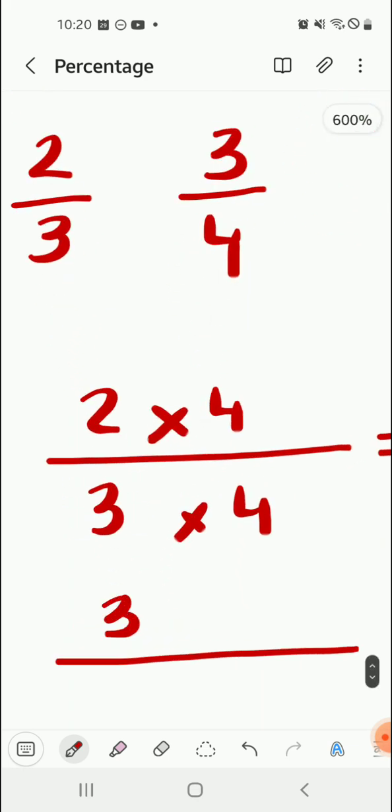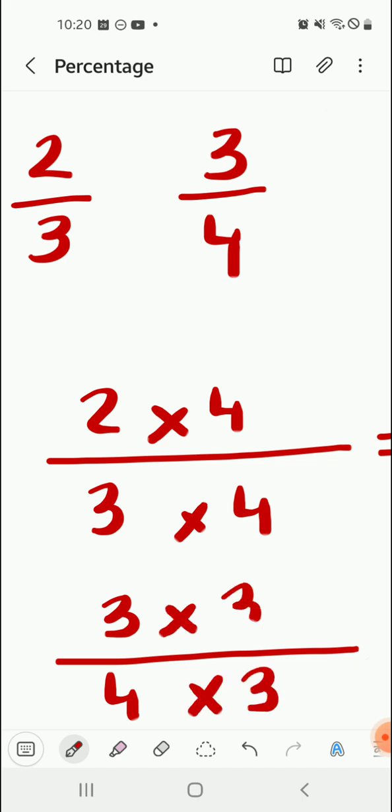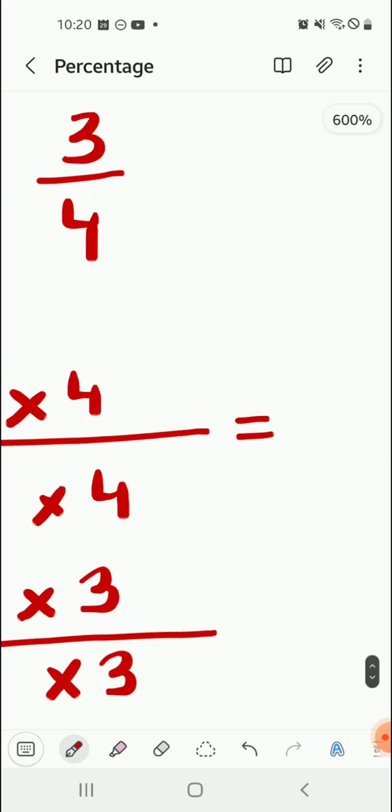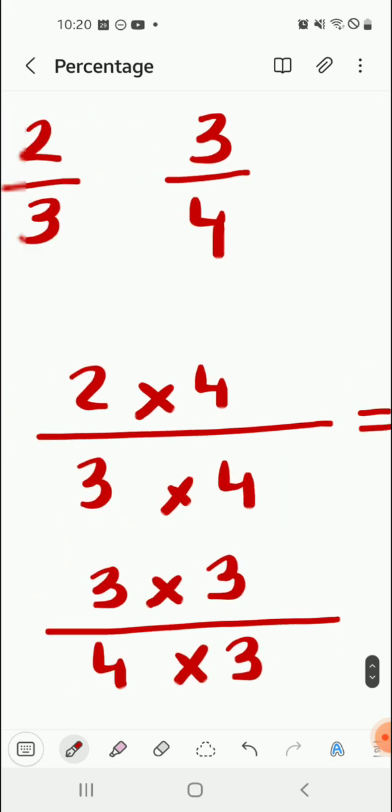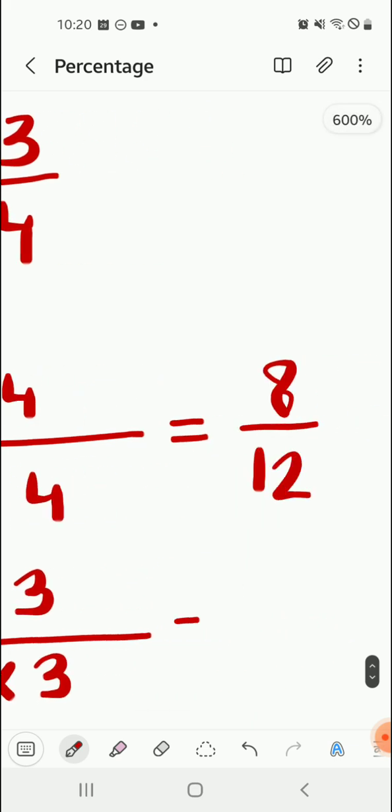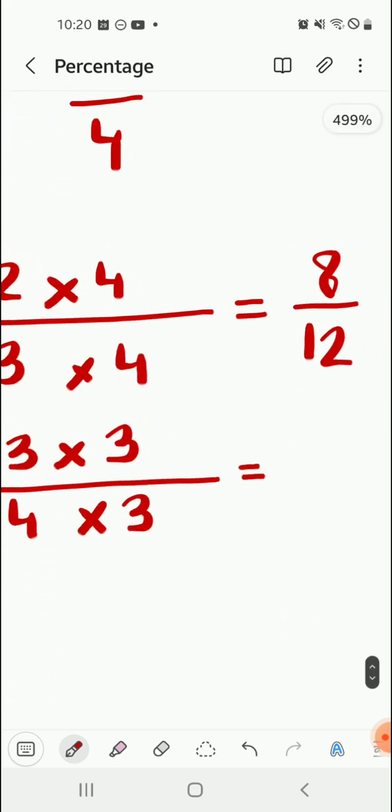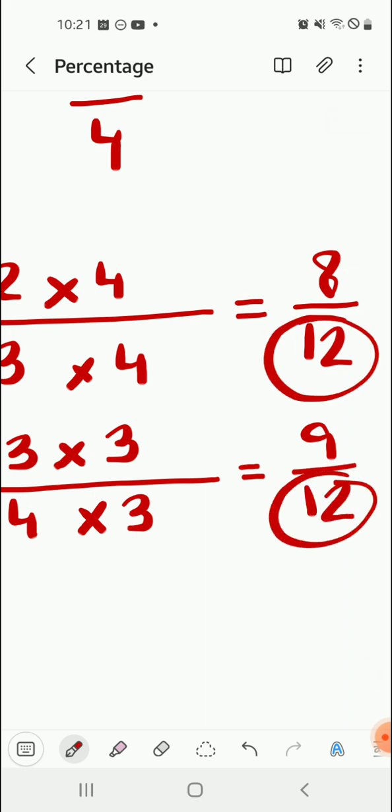Similarly, for 3 by 4, this gets multiplied by 3 and the same thing happens with the numerator. So 2 into 4 is 8, 3 into 4 is 12. On the other hand, 3 into 3 is 9 and 4 into 3 is 12. You see, there is 12 in both the fractions. So they are like fractions.